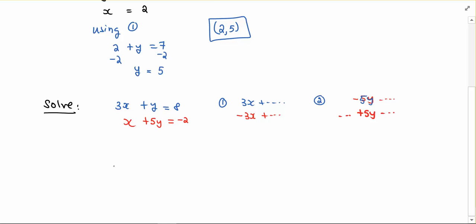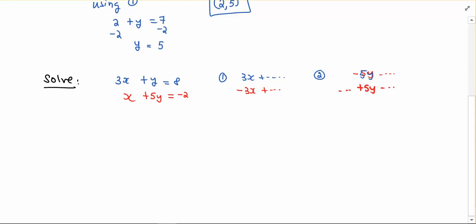So in this case, I'm going to say I want to make the x's go away. The x's cancel out. So what I'm going to do is I always do it in pairs. So I take my second equation, which does not have a negative 3 in front of the x. And because I want the negative 3 in front of the x, I'm going to multiply this whole thing by a negative 3.